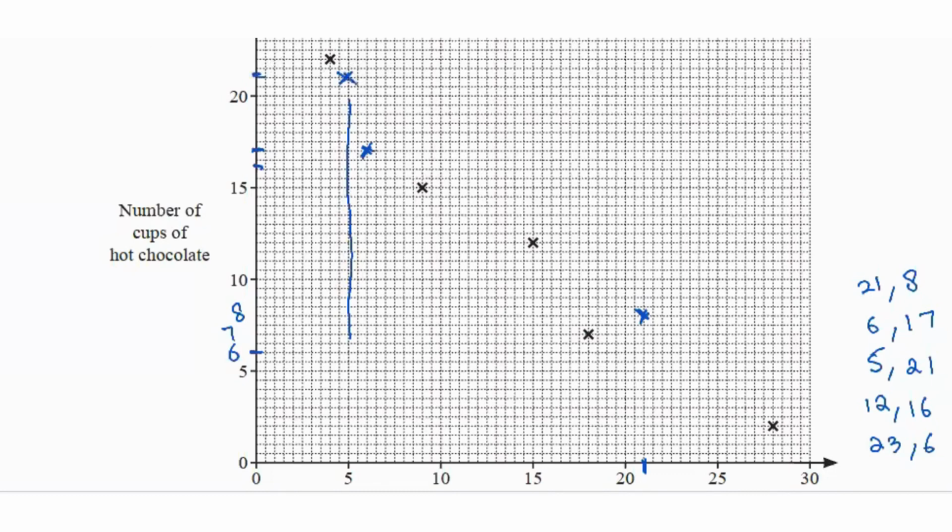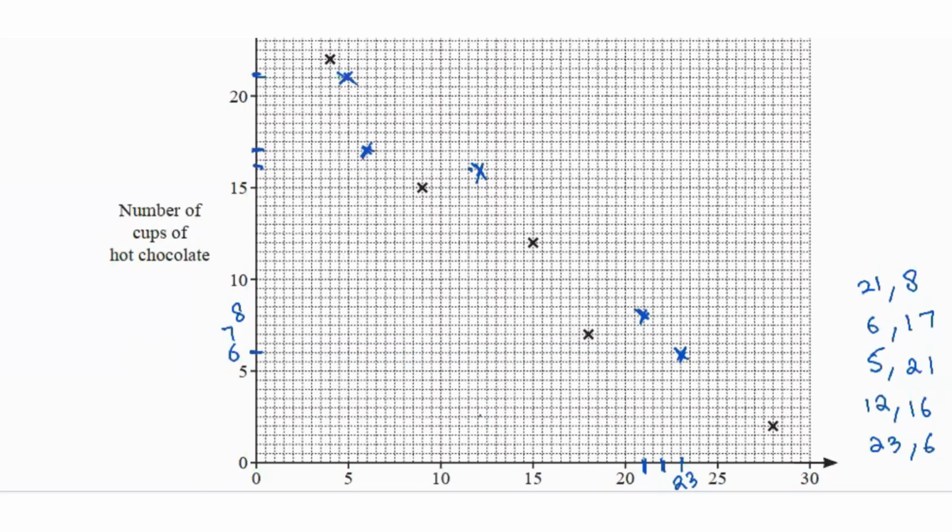This is 5, 21. Then 12, 16. This is 12 and that is 16. Okay, then 23 and 6. 23 is 21, 22, 23. 6 is here. These are your points.